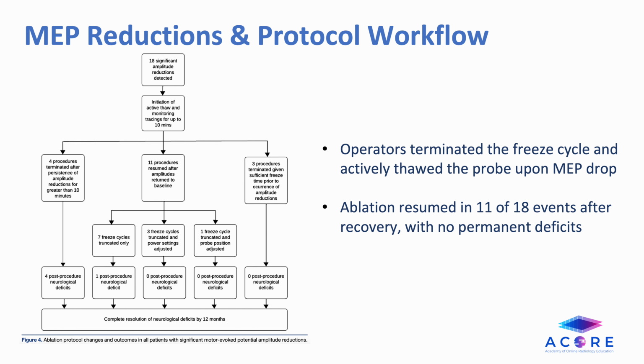Once signals recover, consider resuming with a truncated freeze, and if signals do not recover, terminate the cryoablation and switch to an alternative therapy, for example, cementoplasty. This workflow prioritizes nerve safety while preserving the oncologic efficacy.